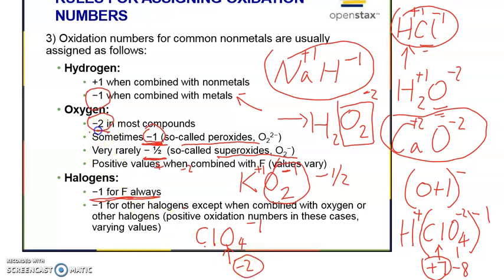For oxygen, in most compounds it will be -2, and it's not a peroxide, it's not a superoxide, therefore it will be -2. I have 4 oxygens. If each of them is -2, then for oxygen only, I will have -2 multiplied by 4. Then I will have the charge of -8. But the net charge for the whole polyanion is -1, and therefore the chlorine must be +7 because +7 plus -8 will be equal to the net charge of -1.